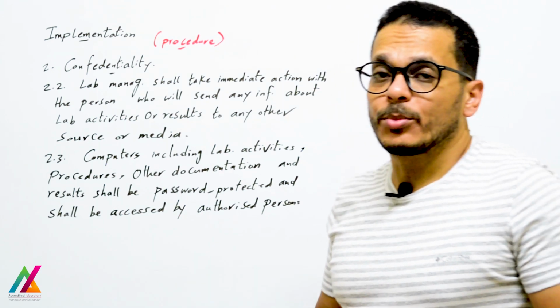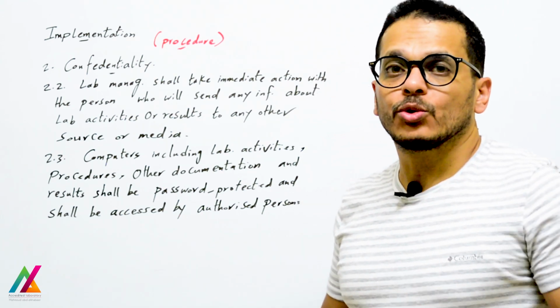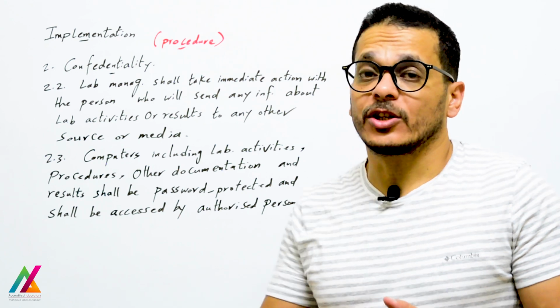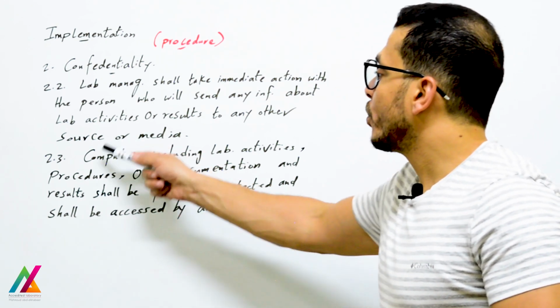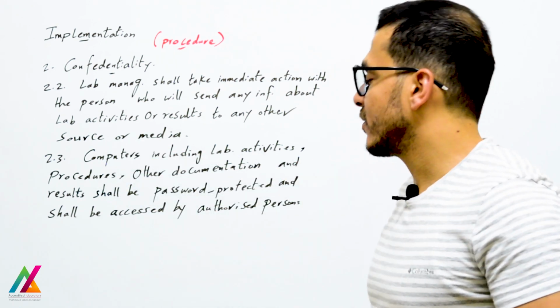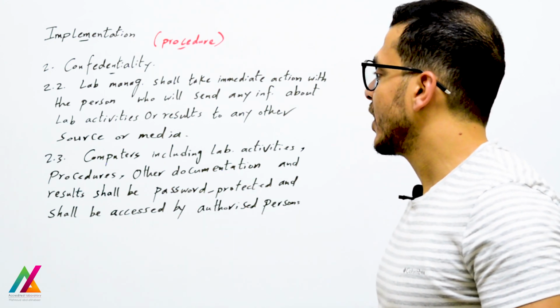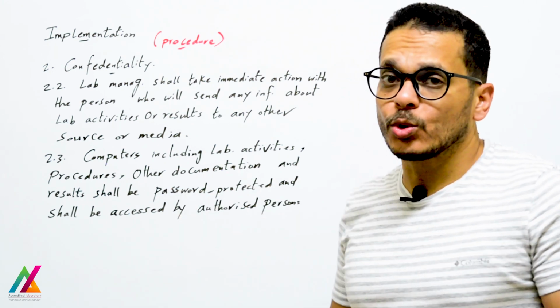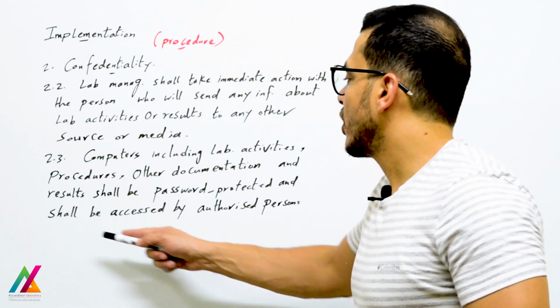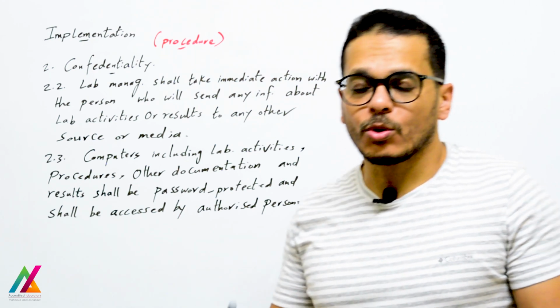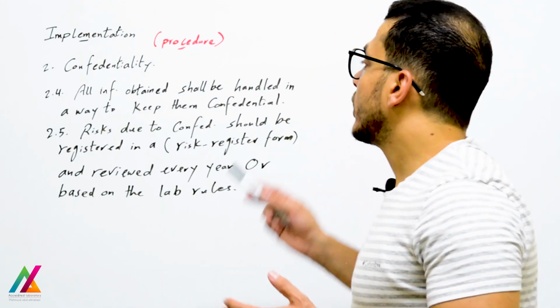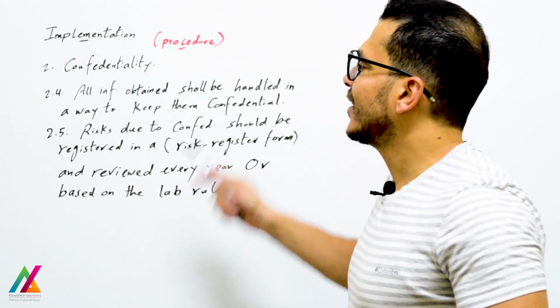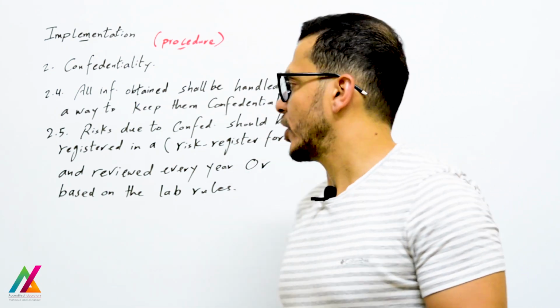And also a very important point, to keep your data confidential to the persons inside the lab. Computers, including lab activities, procedures, other documentation and results shall be password protected and shall be accessed only by authorized persons. So all information obtained shall be handled in a way to keep them confidential.